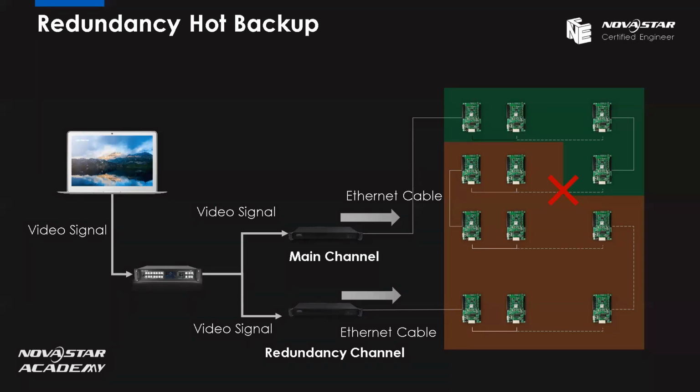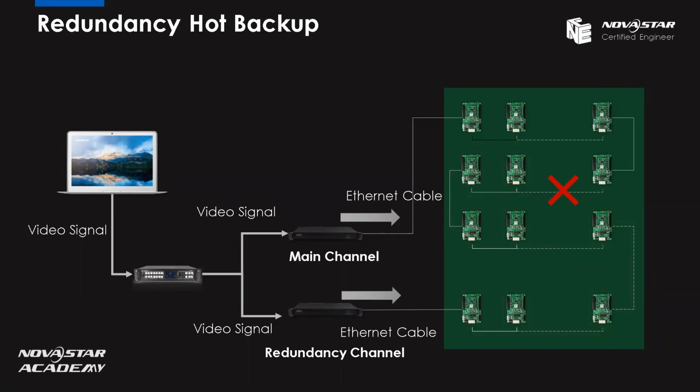And after we've done the software configuration, when an Ethernet cable is broken somewhere in the screen, our NovaStar control system will notice that one point is broken. So the control system will automatically switch to the redundancy channel.